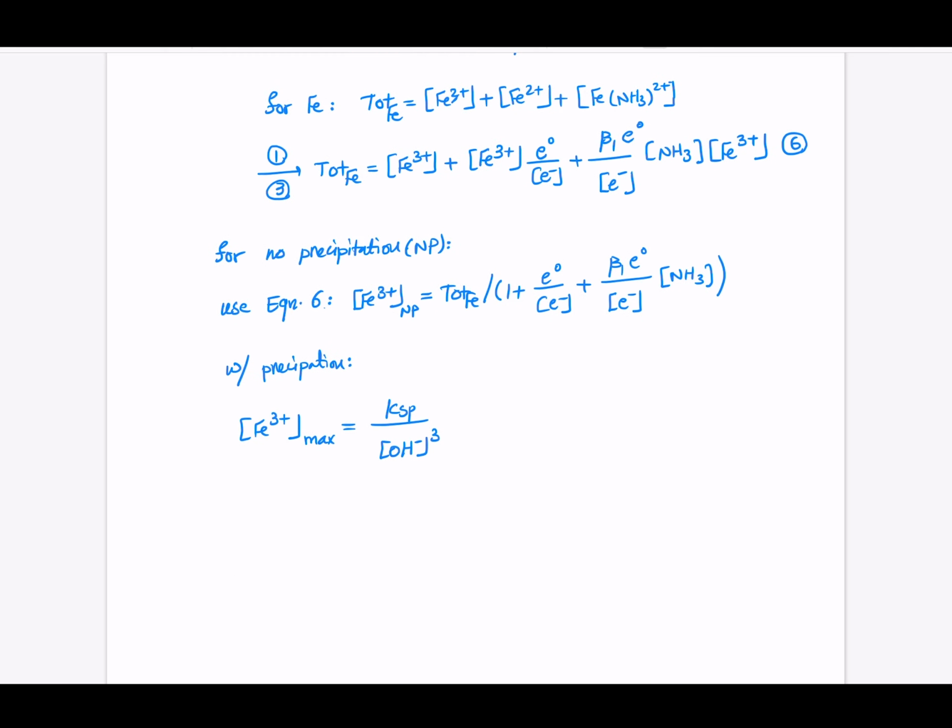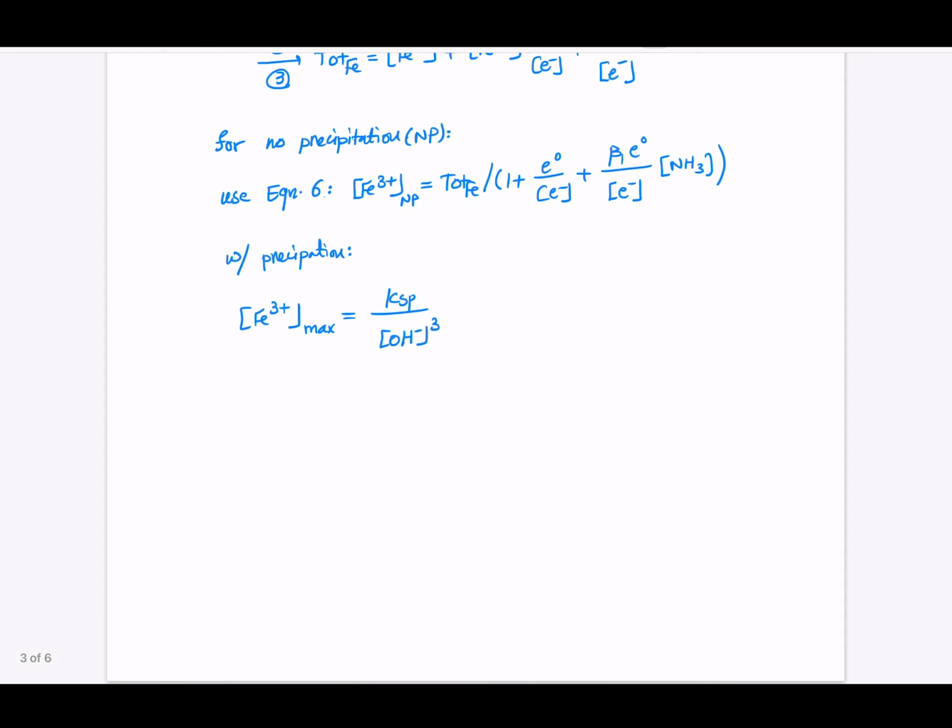Now we have the values for pE and pH. pE is 3, so the activity of electron is 10 to the minus 3, and pH is 5, so the concentration of proton is 10 to the minus 5, and the concentration of hydroxide is 10 to the minus 9.